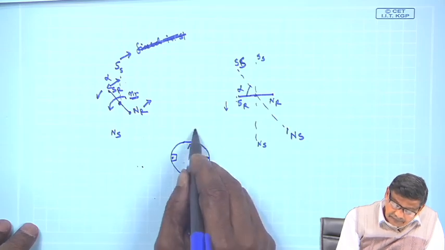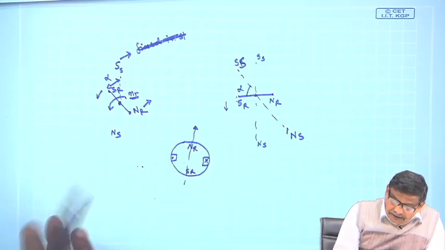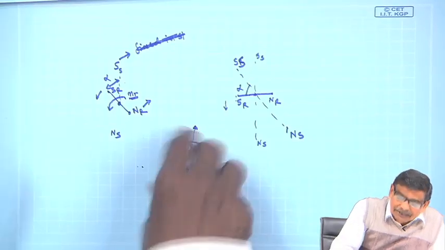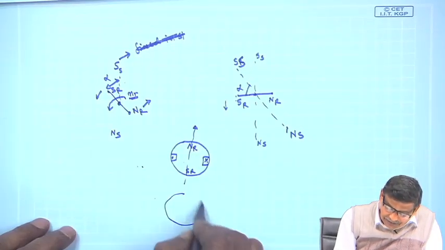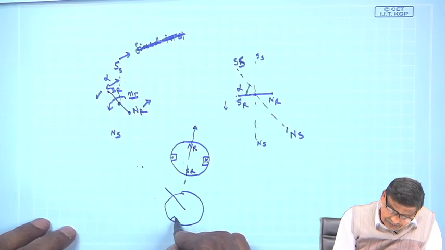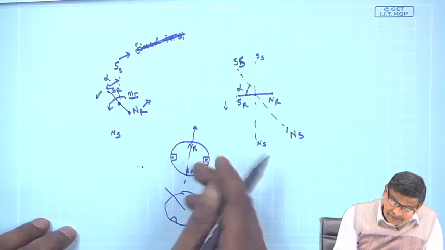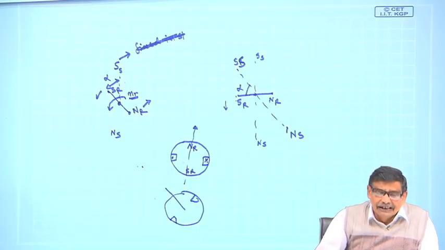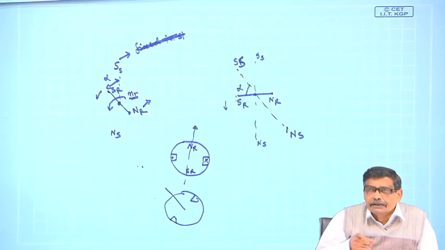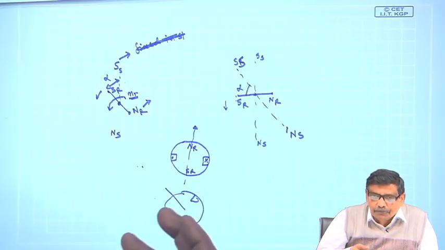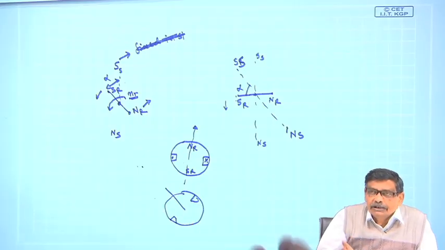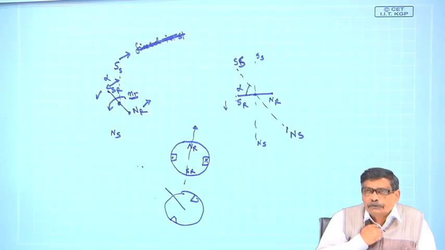This is the field. Now, as you rotate the rotor coils, this field will also rotate. In this position, it will come, is it not? So, it looks like if the rotor itself is moving, the field along with it will also move.